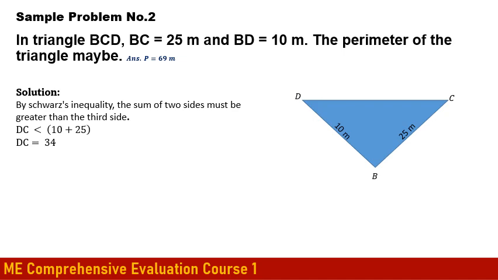So the acceptable lengths of the third side are 34, 33, 32, all those values less than 35. If we accept 34 as a value, then the possible perimeter would be the sum of 34, 25, and 10, and that is equal to 69 meters.